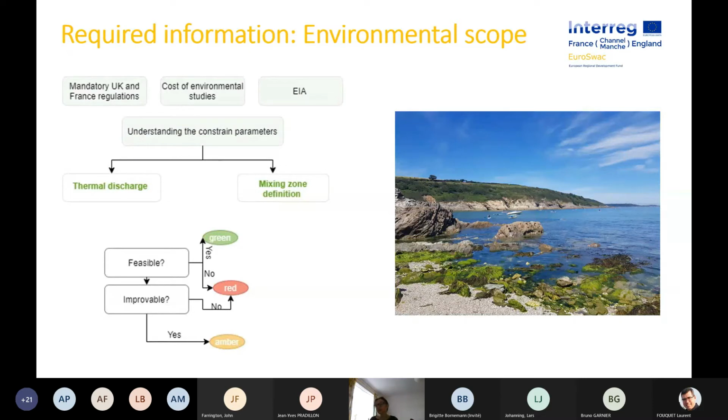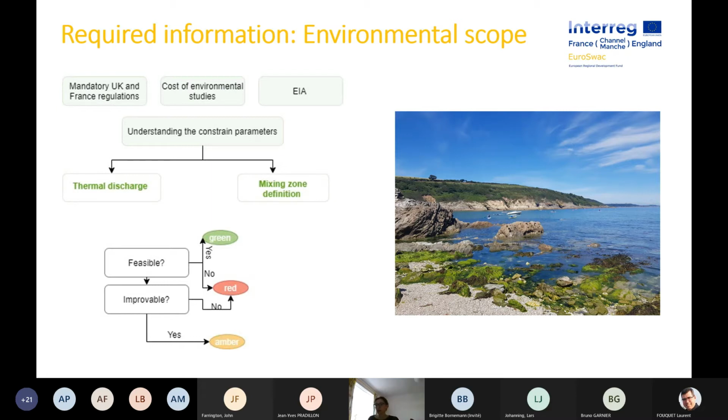So we have to understand the constraint parameters when it comes to environmental impact, and the 2 most important will be the thermal discharge and mixing zone definition. So where we are going to locate it, the mixing zone, where it will be. We will look into the UK and France regulations. We will look at the cost of environmental studies for the bigger projects, environmental impact assessment.